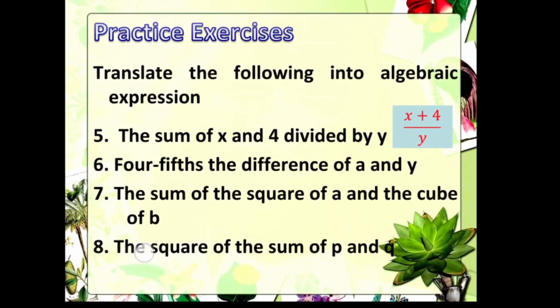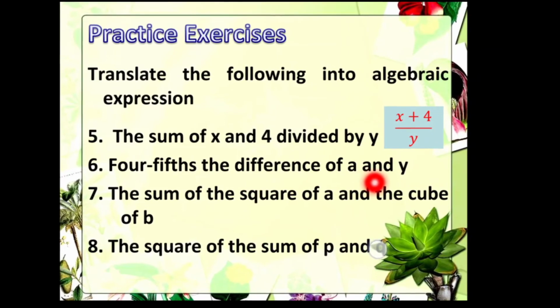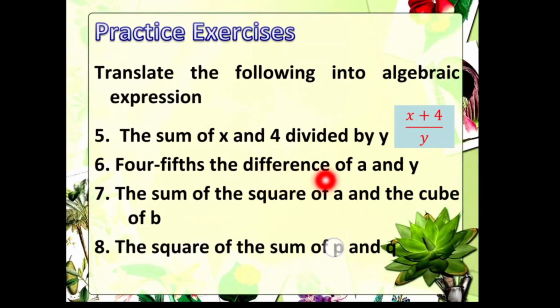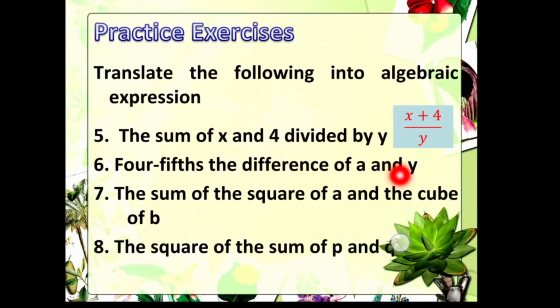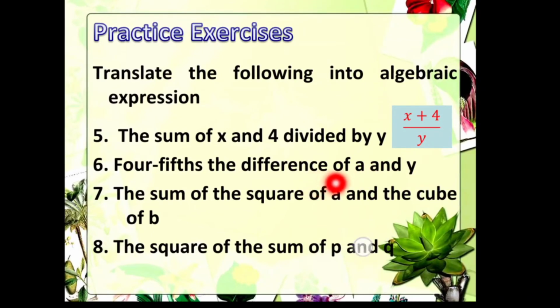Number 6, 4/5 of the difference of a and y. First, let's have the difference of a and y. The difference of a and y means that it is subtraction. So a minus y.